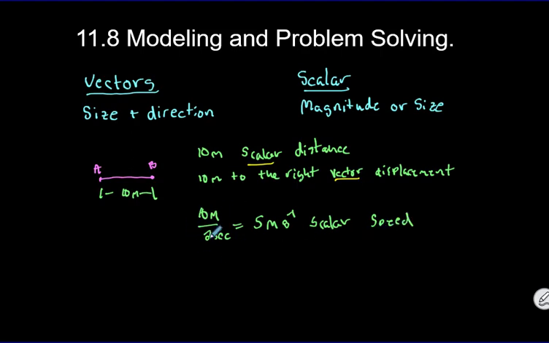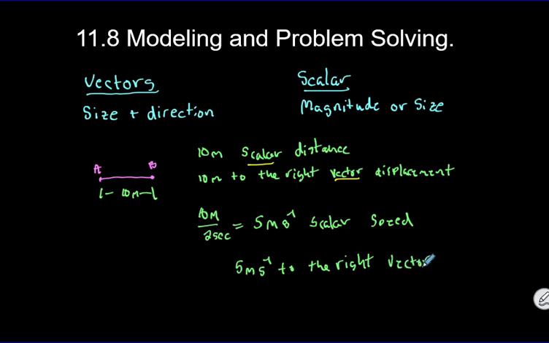Now, what if I give this a direction? Let's say in this same situation, it's 5 meters per second to the right. What is that going to end up being? Is it a vector or a scalar? Well, now I have magnitude, but I also have direction, so this is a vector.